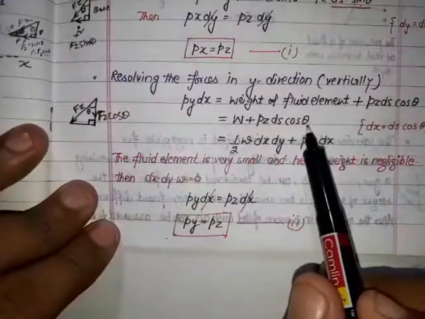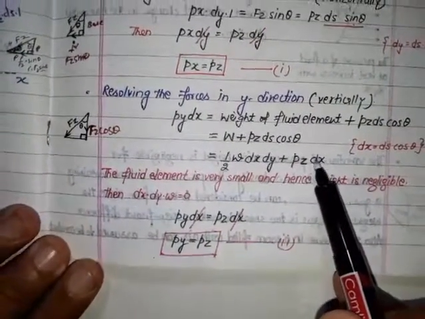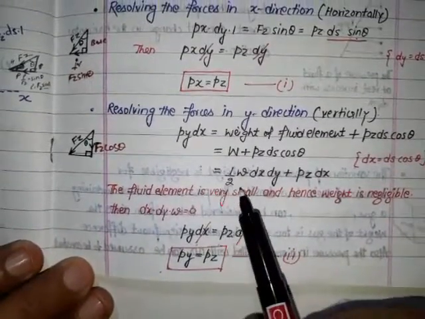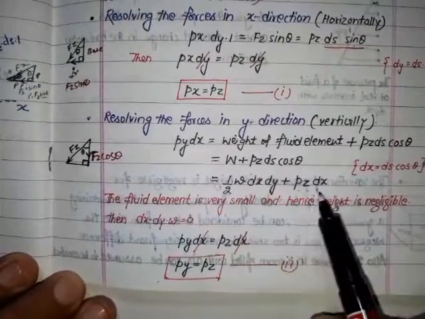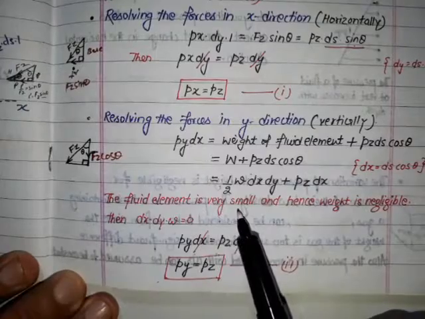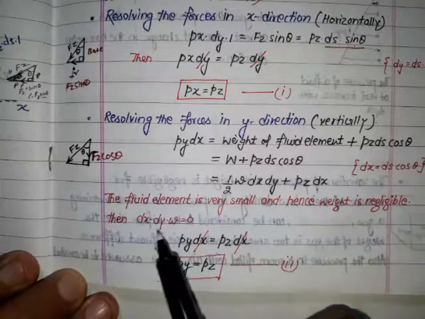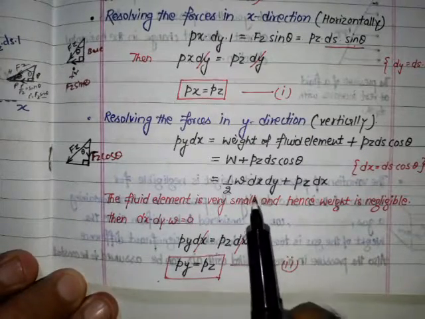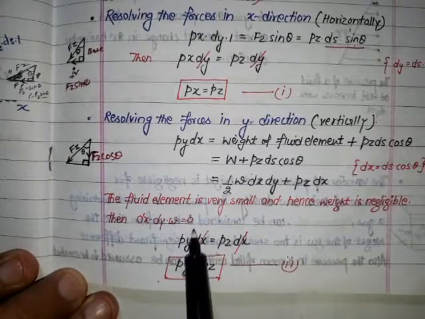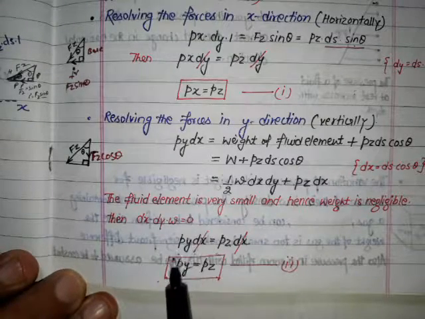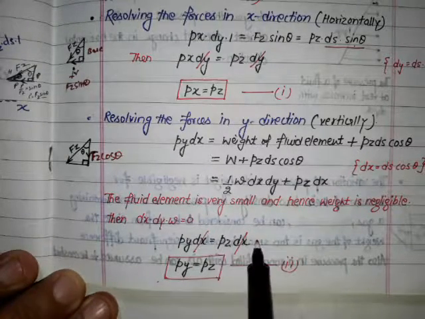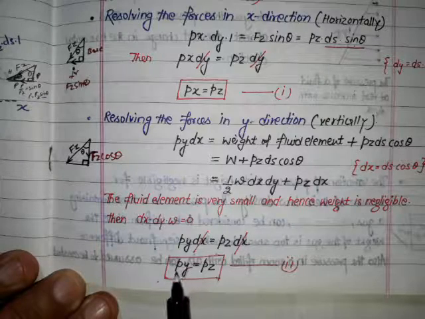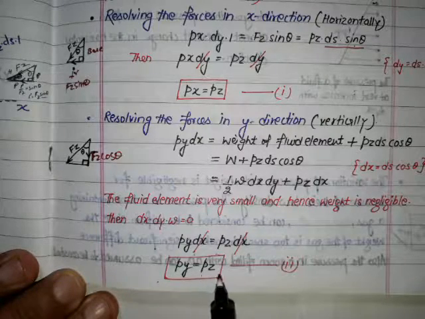So ds cos theta is equal to dx, and W is 1 by 2 W dx dy. But the fluid element is very small, hence weight is negligible. So dx dy W is equal to 0. If it is equal to 0, then py dx equal to pz dx. Now cancel dx, and finally we get py equal to pz.